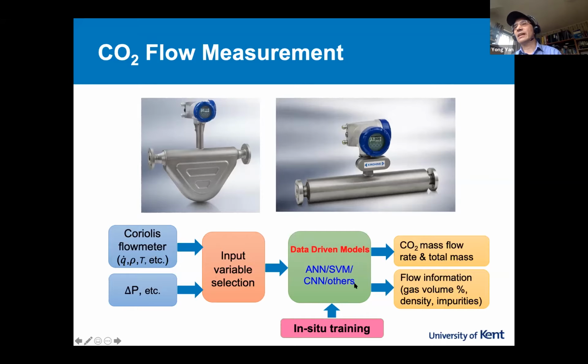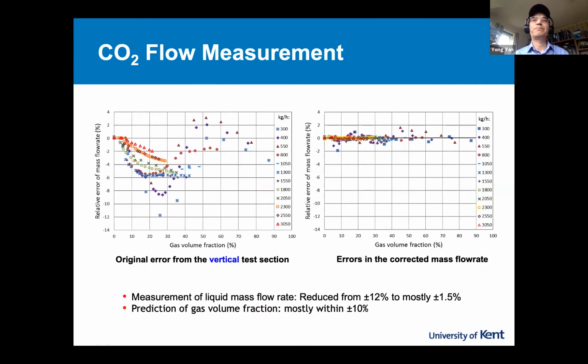That goes through the models. We can do laboratory training offline, and we can do on-site training. We can produce accurate CO2 flow and total mass, plus all the information we need, such as gas volume fraction or density and impurities. So that's the strategy we have adopted. And you can see we are not changing anything in the hardware, so the system is very cost effective.